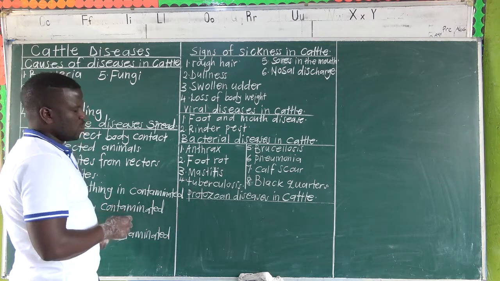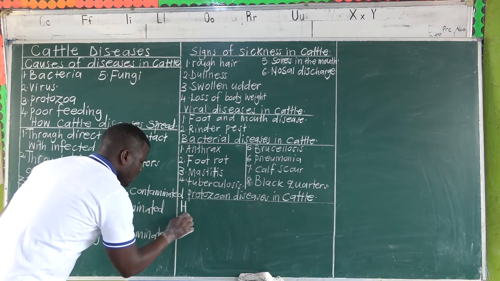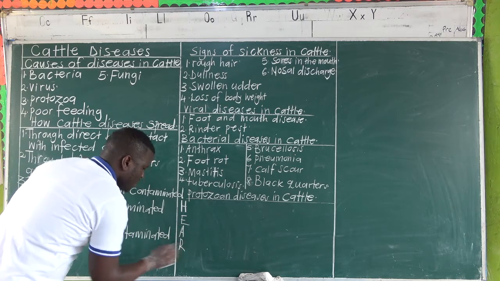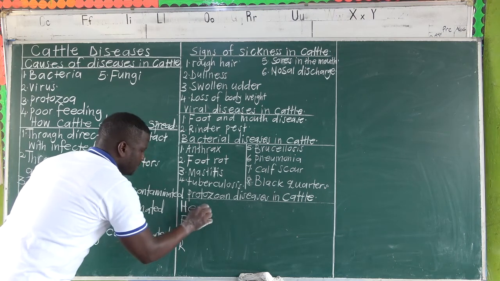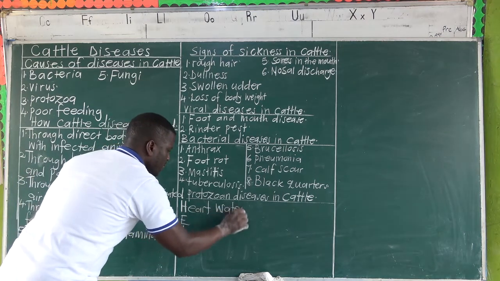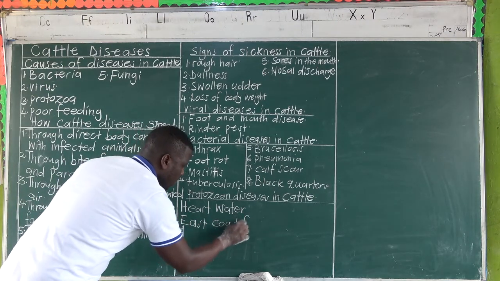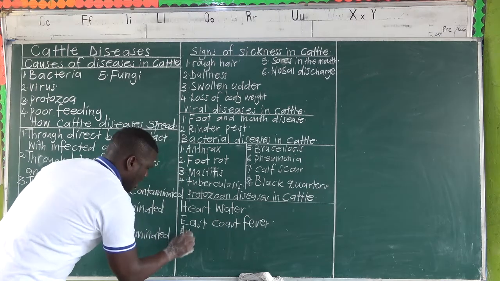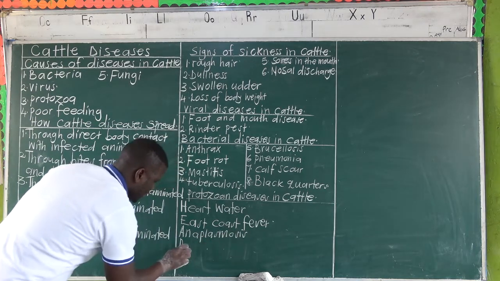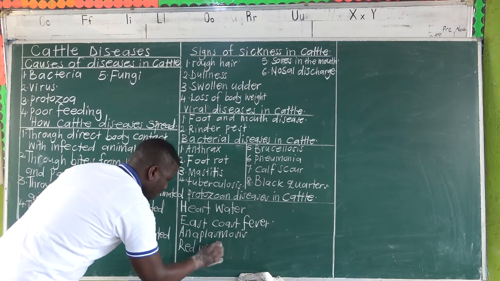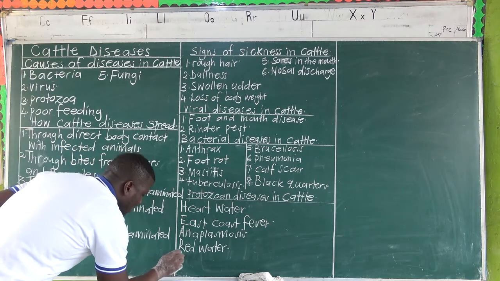We have what you call heart water, East Coast fever, anaplasmosis, then red water. These are protozoan diseases. Then we also have what you call nagana.